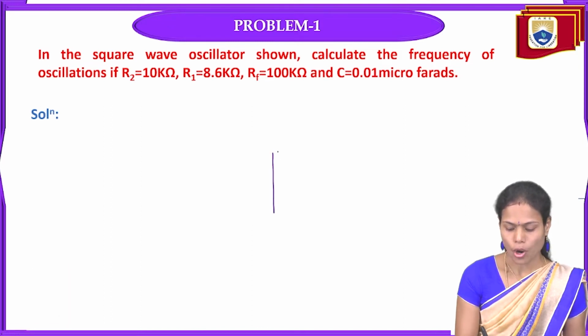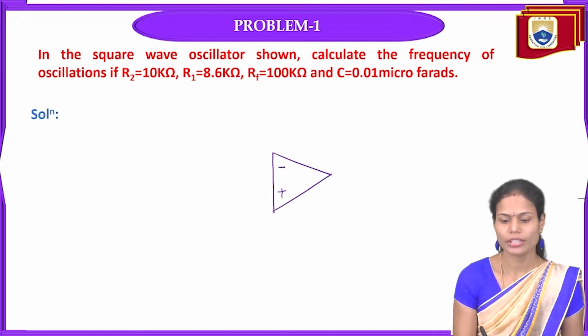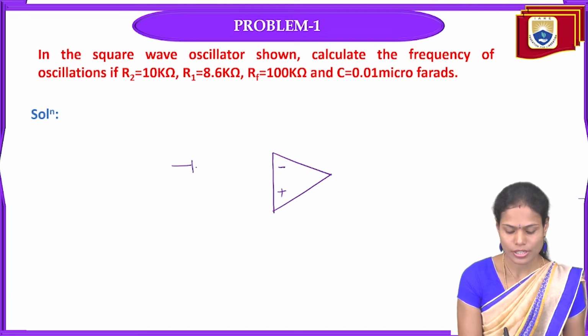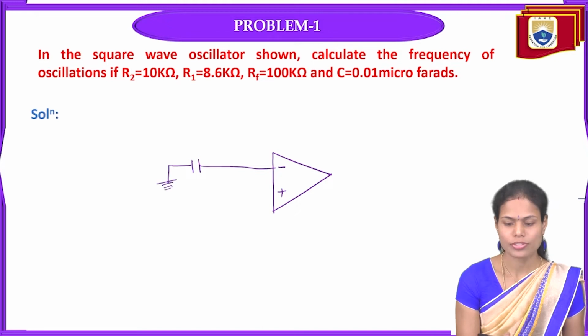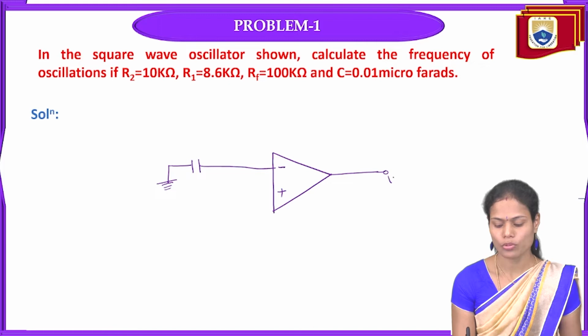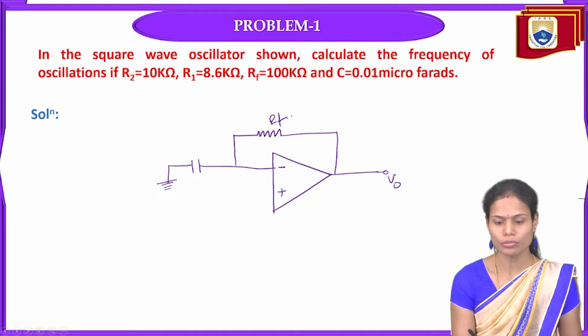The given circuit in the problem is an op amp with inverting and non-inverting terminals. For the inverting terminal, a capacitor is connected and the other end of the capacitor is grounded. We measure the output signal V0, and the feedback resistance RF is connected from output to input.